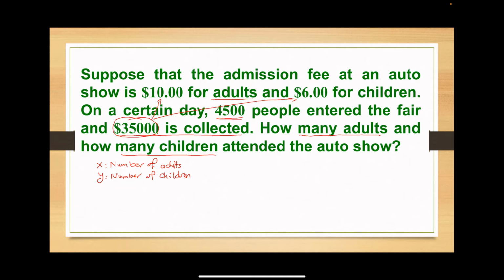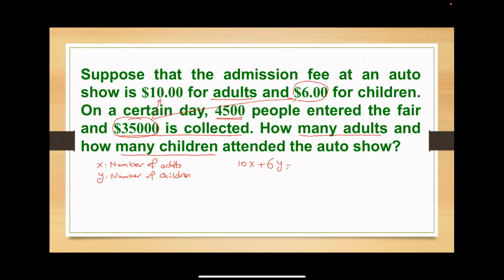Now, in this case, we know that 10 times the number of adults, which is x, possibly 5 or 10 adults, so I'll keep it as x because we need to find this x, plus the cost for children, which is 6 times the number of children, which is y.